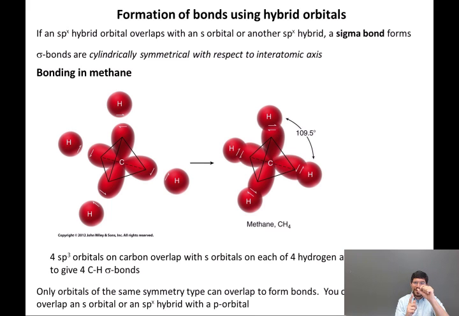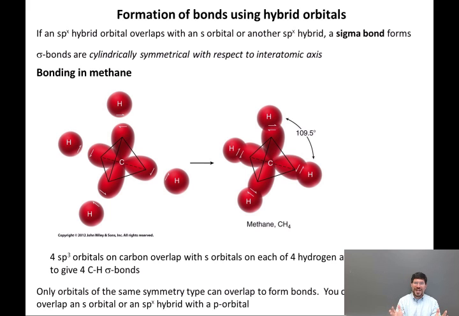An s orbital is spherically symmetric. A p orbital is dumbbell shaped. It is red on one side and blue on the other, shaded on the top, unshaded on the bottom, or other ways that that's depicted. What that is saying is mathematically the sign of the wave function is positive on one lobe and negative on the other lobe, and that simply cannot be mathematically combined with a spherical s orbital or a cylindrical sp3 hybrid orbital.